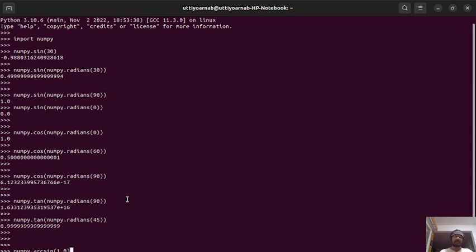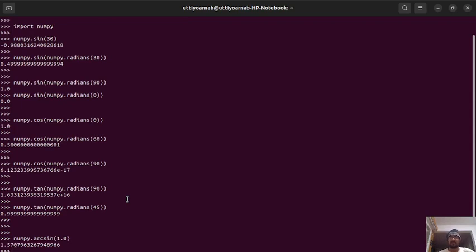Remember that whether it is a sine function or arc sine function, any trigonometric function, the argument must go as a radian value. If you just run this, it gives this value. It doesn't give 90 degrees. This actually is in radians, so you have to convert it to degrees.